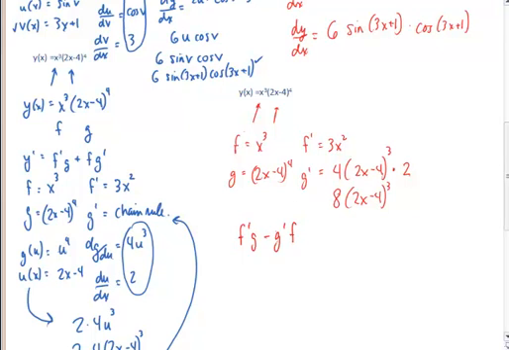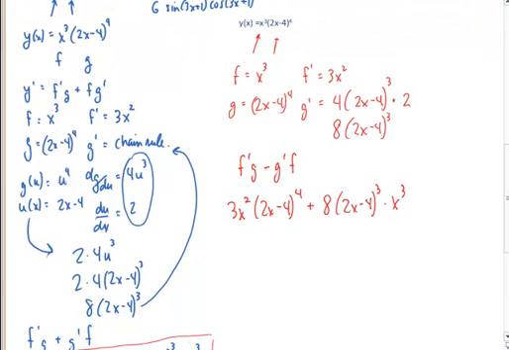So f prime g would be 3x squared times g, which would be 2x minus 4 to the 4th, plus g prime f, which is 8 times 2x minus 4 cubed, times f, which will be x cubed.